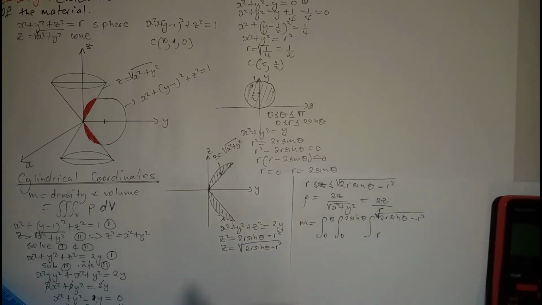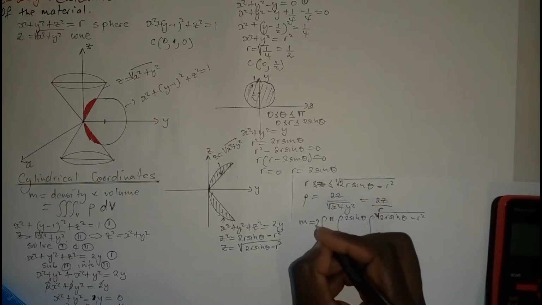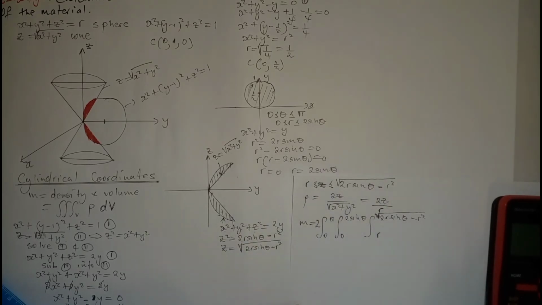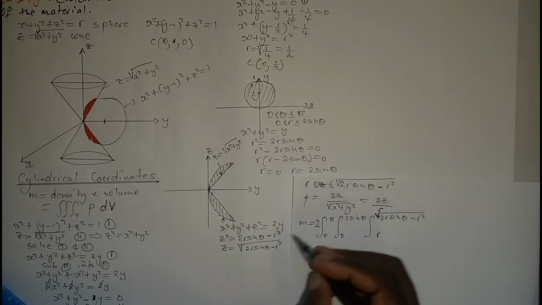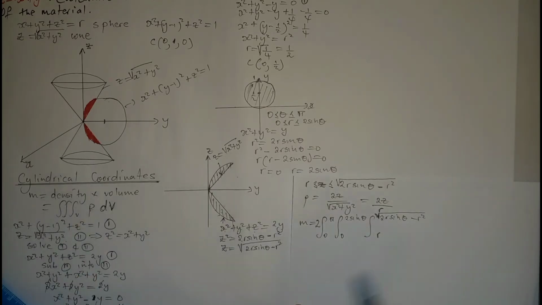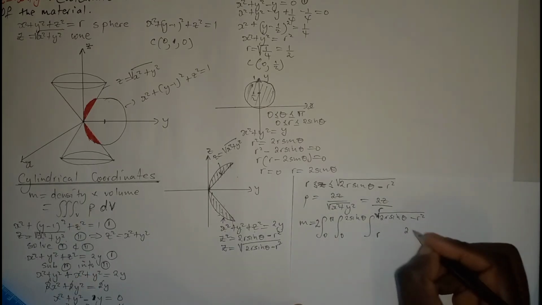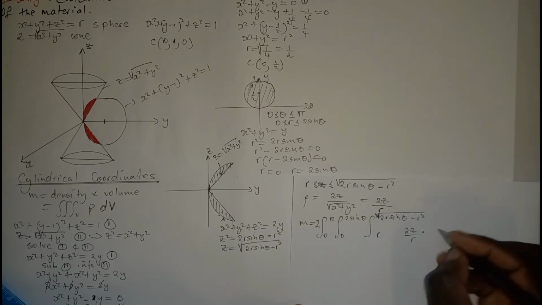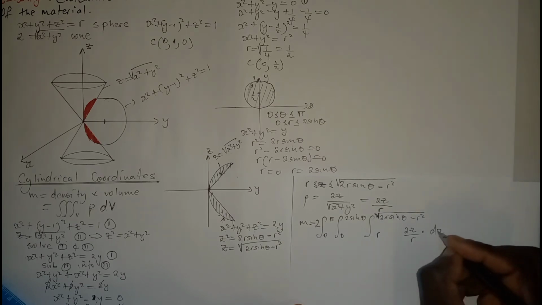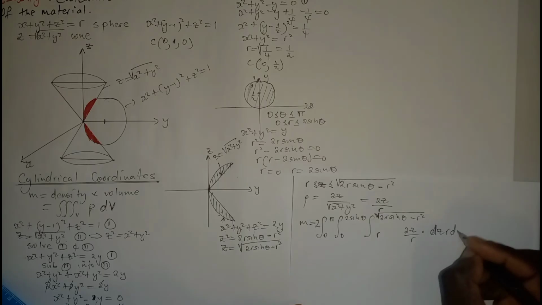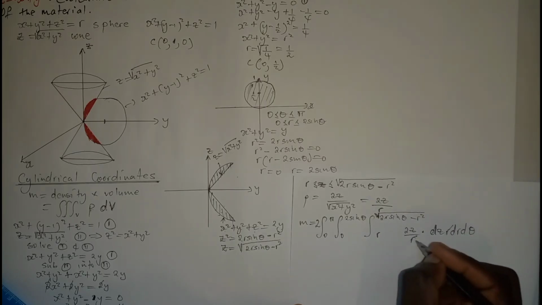But this is symmetrical along the y, so I'm going to multiply it by 2 since I've introduced the bottom limits. For the density we said 2z over r, and the Jacobian is going to be dz, r dr d theta, and this r and this r go away, right?